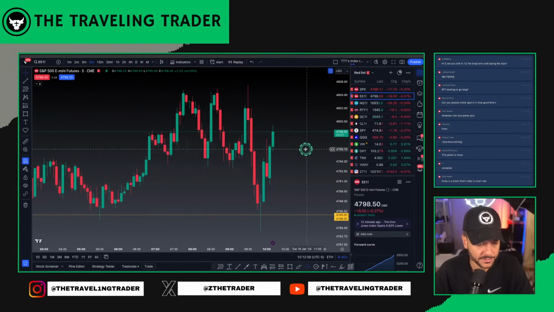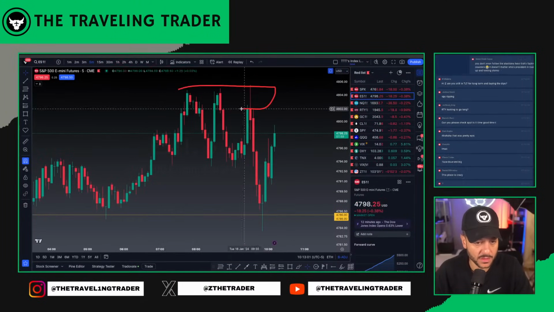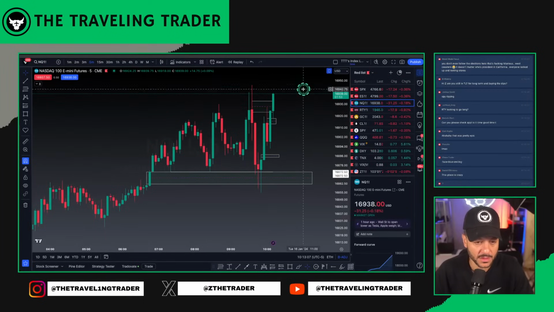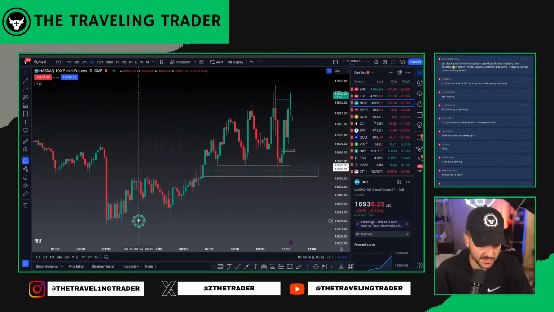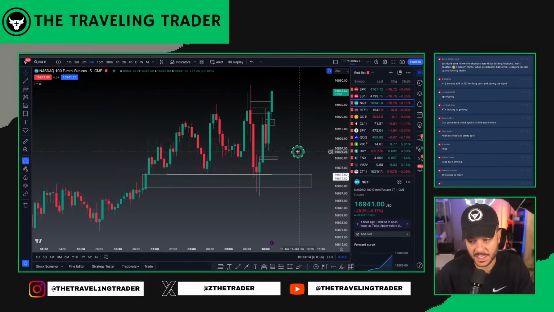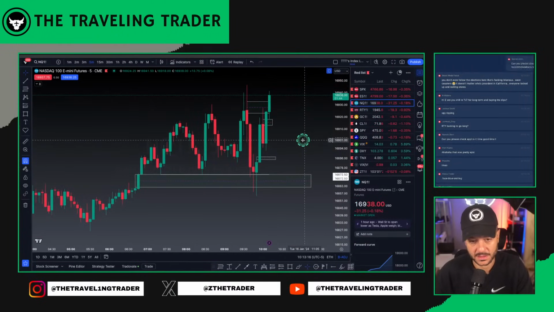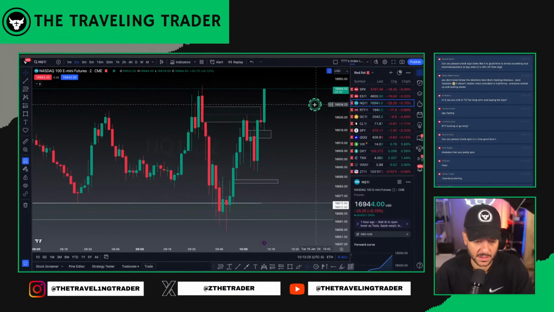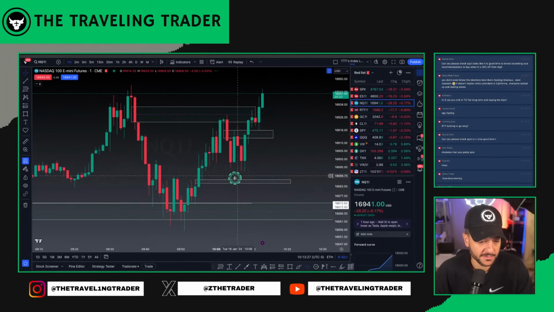SPY is still below its intraday triple highs here, which I think it will take out, but NQ hasn't even hit low of the day yet. Hasn't even hit pre-market low. And I think 16,980 is my target for NQ. I just got to find an entry. It's really 16,979. And I wouldn't have gotten filled on that entry down here anyway.